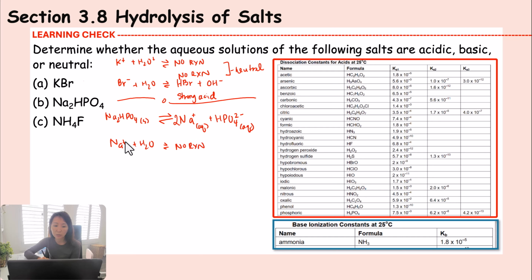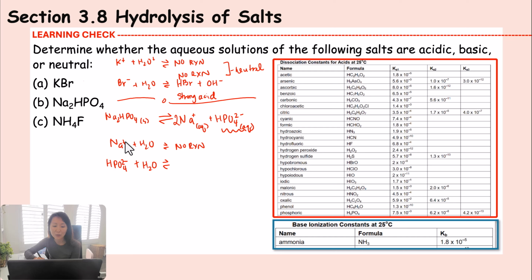So it's really determined by the HPO4 2 minus, this guy right here. You'll notice that this is a polyprotic acid, but it really doesn't matter. Say HPO4 2 minus reacts with water and donates a hydrogen, so it acts as an acid.